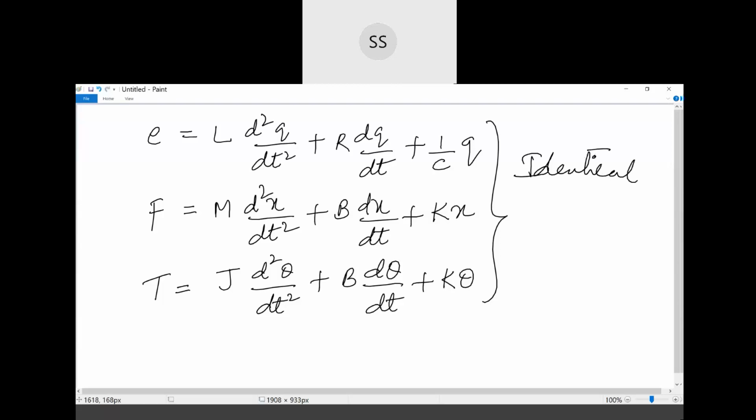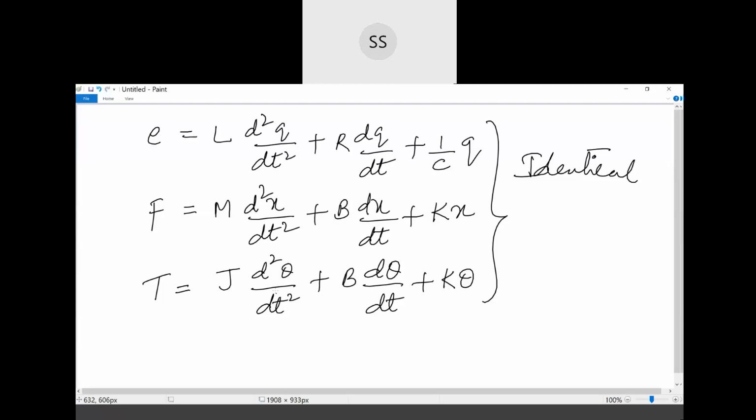In mechanical systems we have force and torque, and in the electrical system we have the voltage source. In mechanical systems, force drives the remaining elements, and in the electrical system the voltage source does the same work.